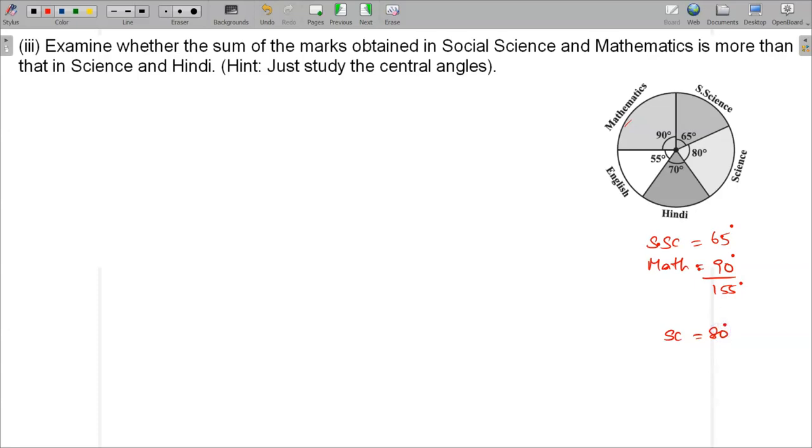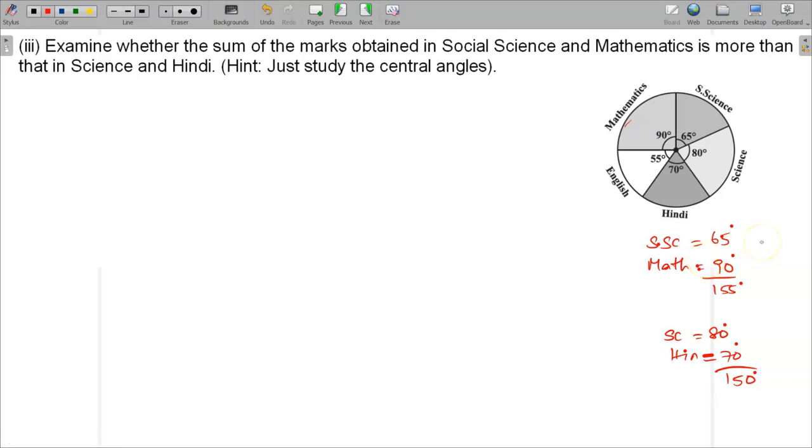Science is 80 degree and Hindi is what? Hindi is 70 degree, okay. So while you add it, it is 150 degree. So definitely the marks obtained in social science plus mathematics will be more. Why? Because central angle is more in addition of these two subjects, okay.